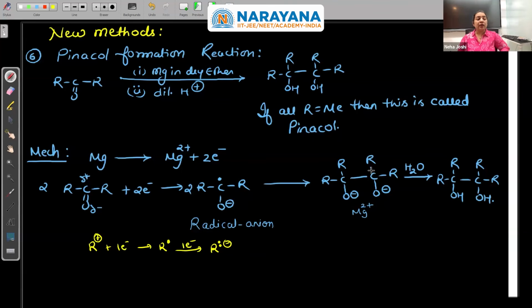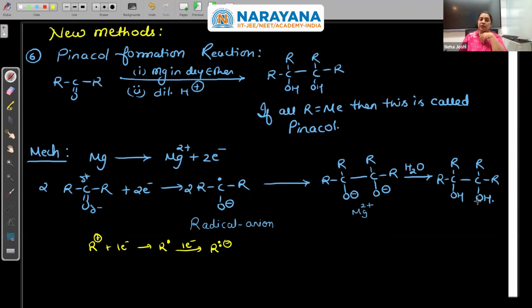It is a simple collision and forming two radicals combining, forming a dimer. Okay, so we got this. Now see, if there would have been any more place where I could have added electron, I would have done it. But as there is no further addition possible, there is no more del plus possible. So I will just stop it here and add water.